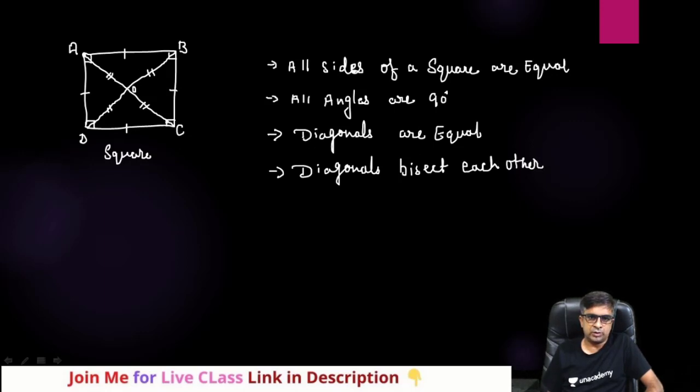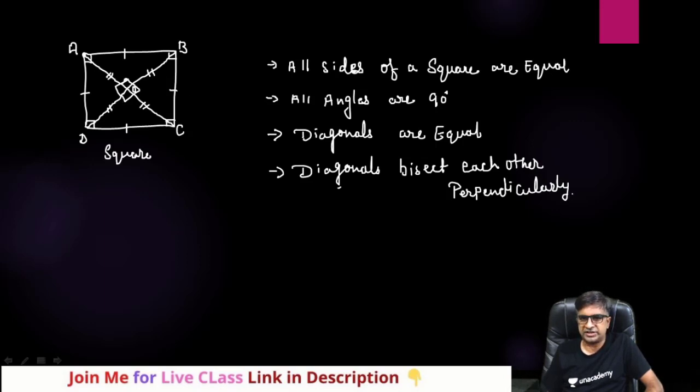And diagonals bisect each other perpendicularly, meaning all these 4 angles formed here will be 90 degrees. Perpendicular means 90 degrees.